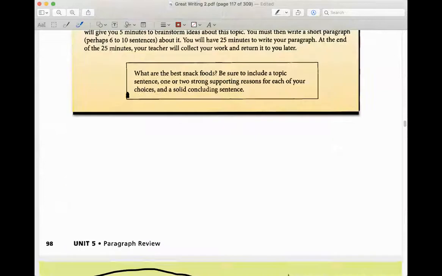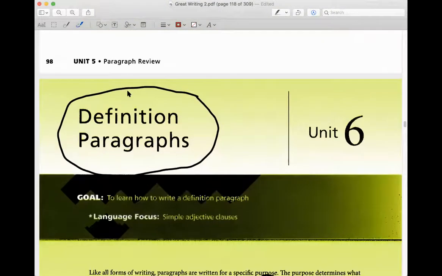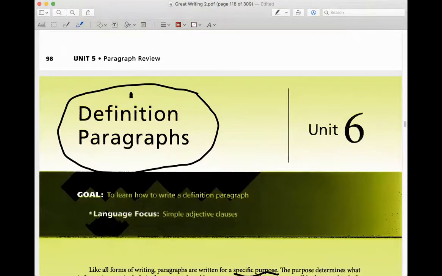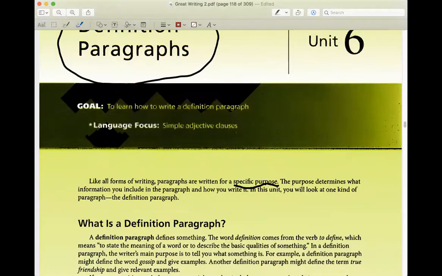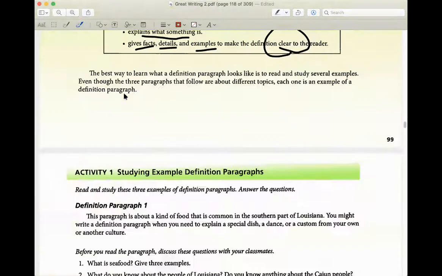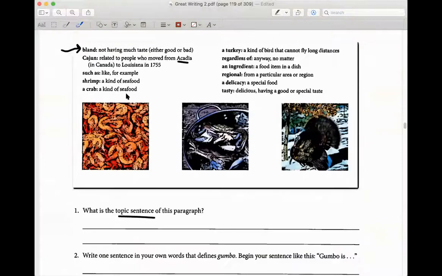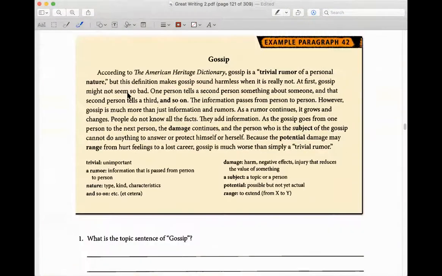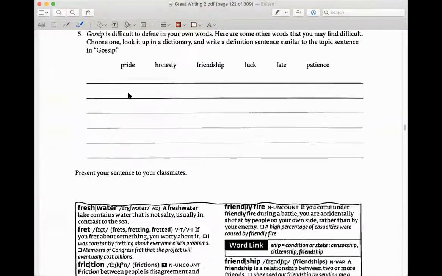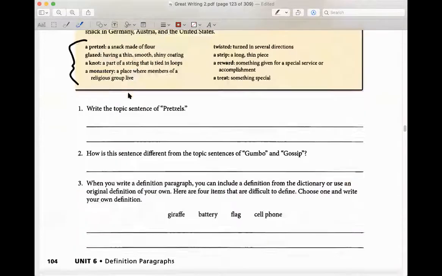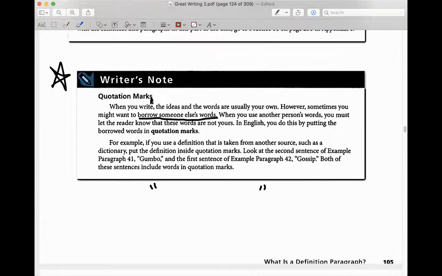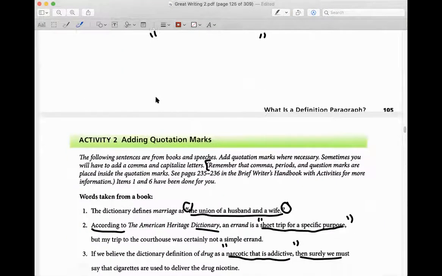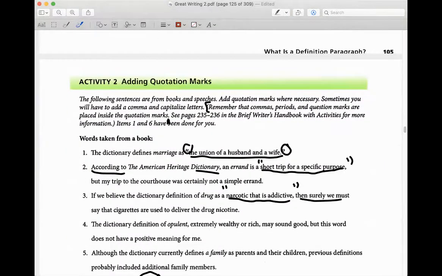All right, and then after this part of the book, we got into different types of paragraphs. Right, so first we did definition paragraphs, where you define something, tell what it is, and so the grammar that we learned about in this one was, well, we learned about using quotation marks properly, because we're giving a definition.